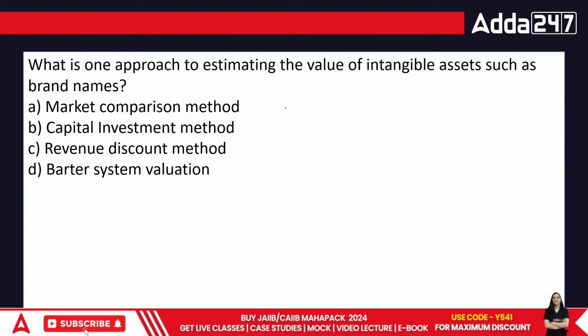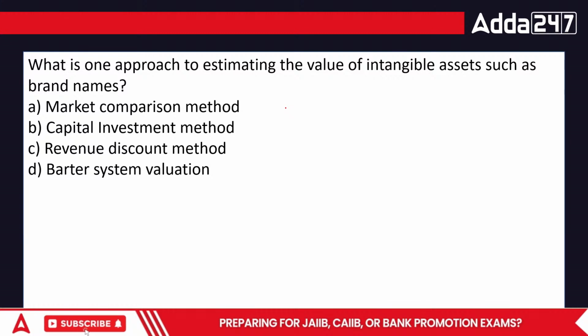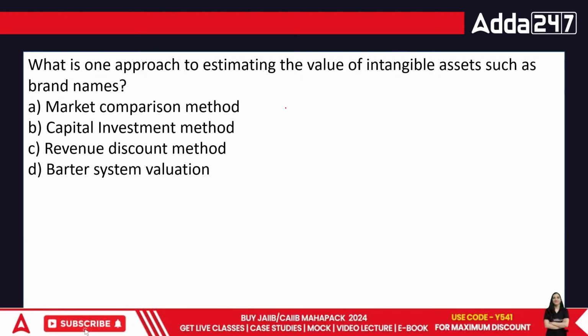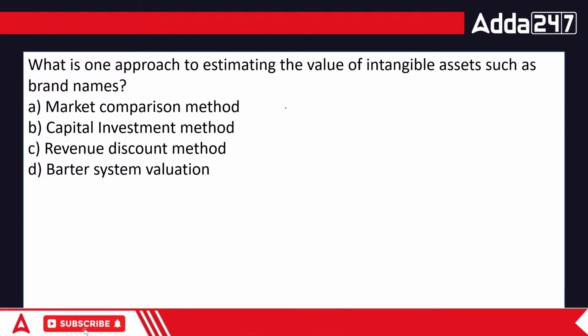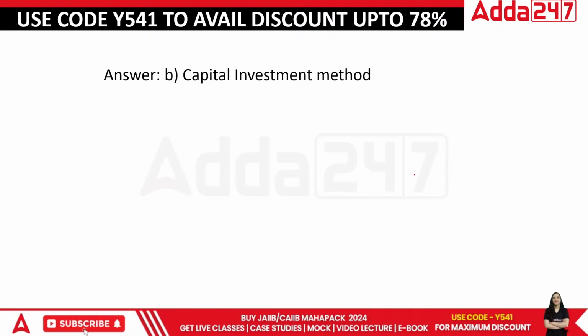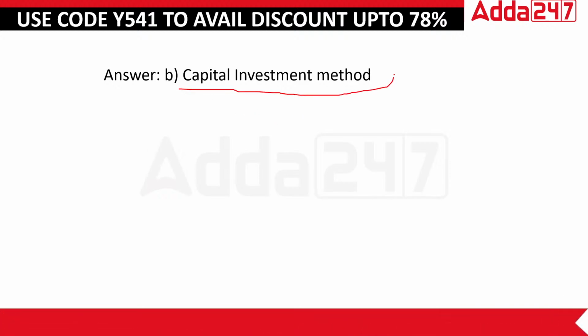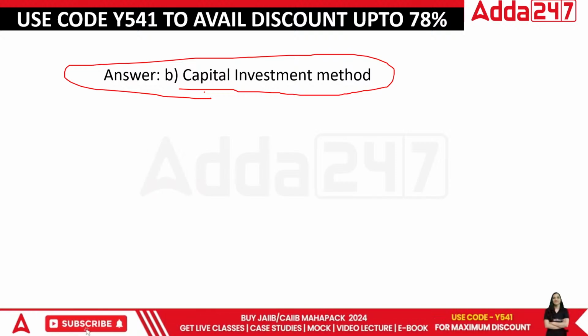Barter system is where you give up one asset and buy another one. So in this case, the correct answer, when you're trying to find the value of intangible assets, is related to the capital investment method, because in any specific business, you will be investing your money first.